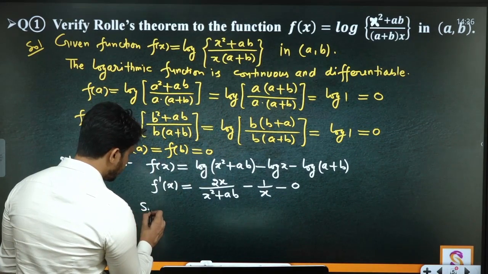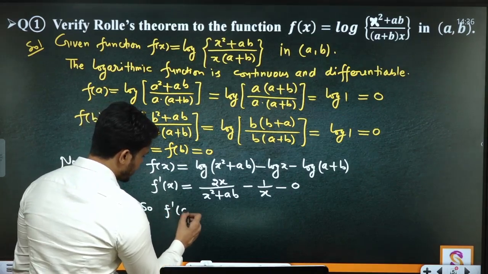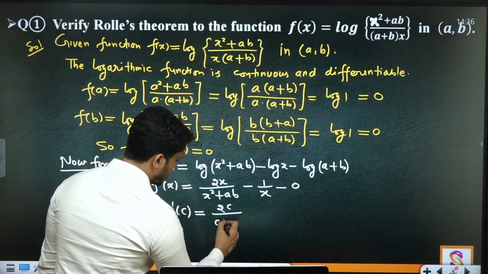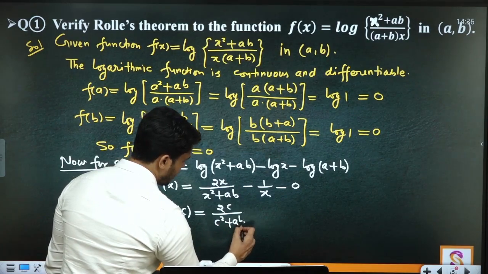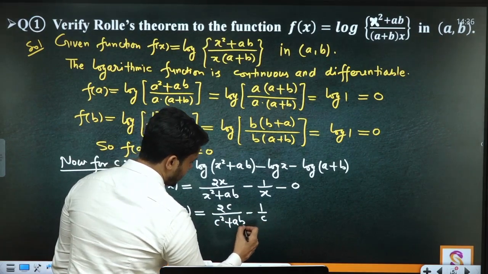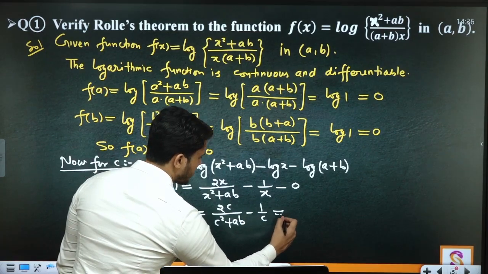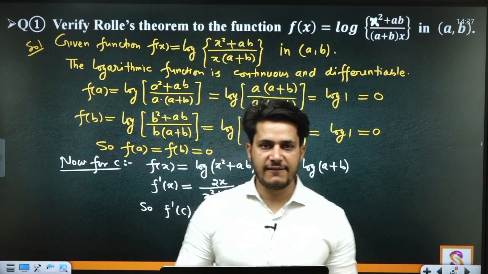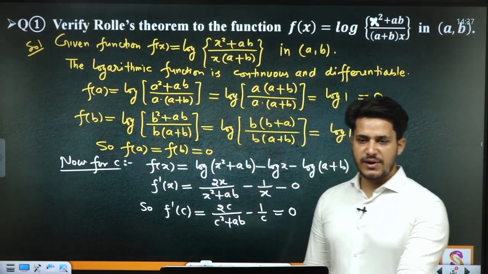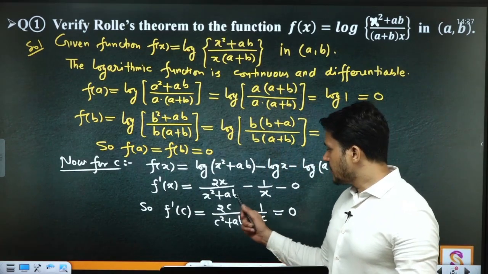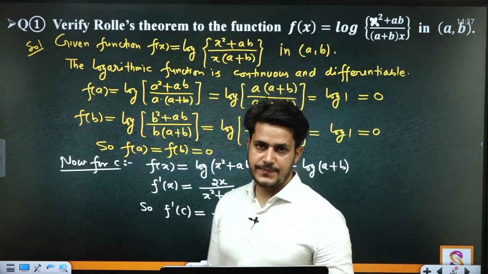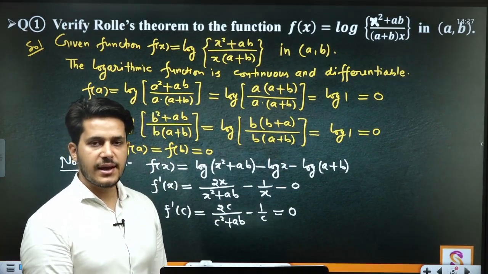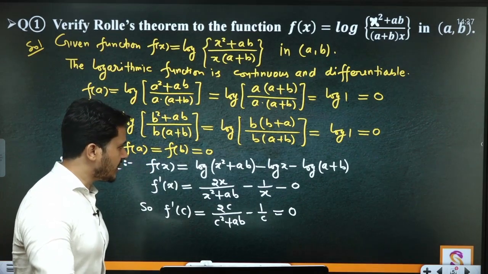So f dash c is equal to 2c upon c square plus ab minus 1 upon c is equal to 0. Because put f dash c equal to 0, to find the value of c which lies between a and b. आपको यहाँ c की वैल्यू निकालनी है a और b का जो इंटरवल है उसके बीच में.